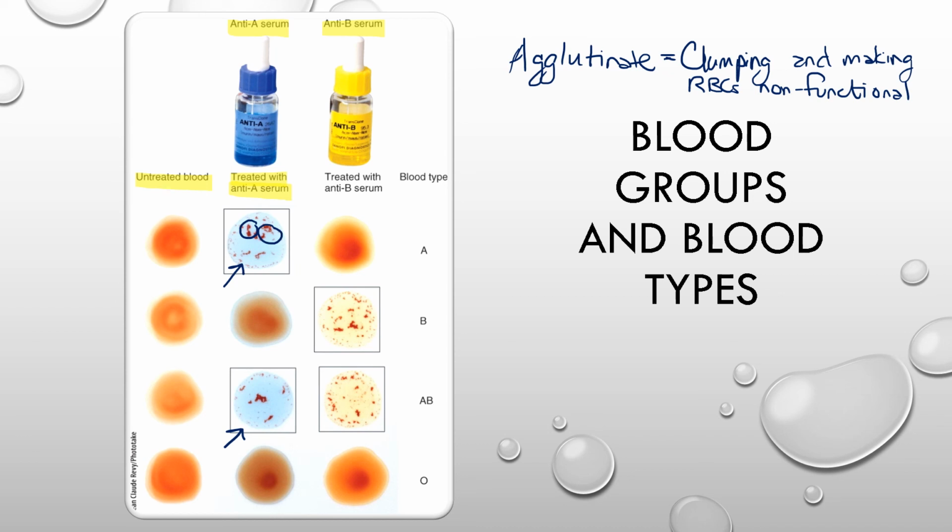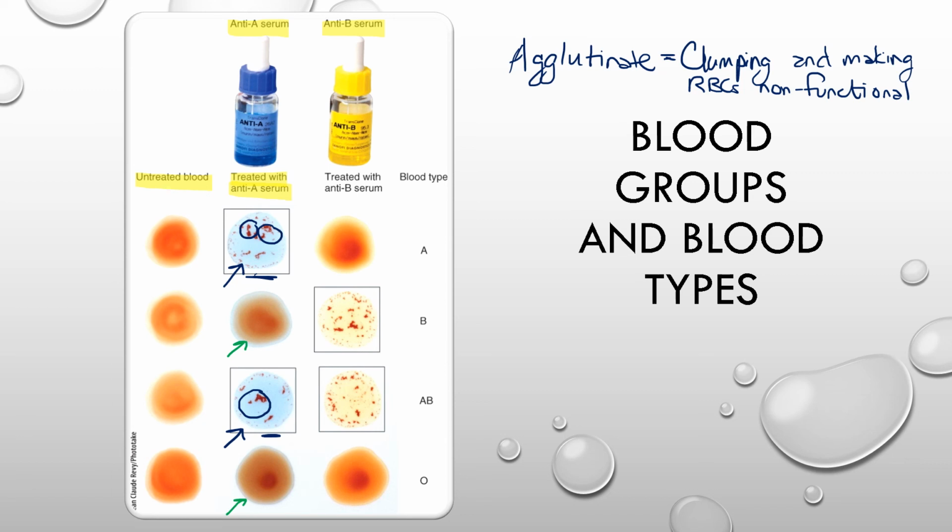They are completely non-functional now. These other two, though, had no reaction. So we would say that this top one, because it was treated with the anti-A serum, has red blood cells in it that have A antigens, as well as this one. So we know that the blood contains A antigens.